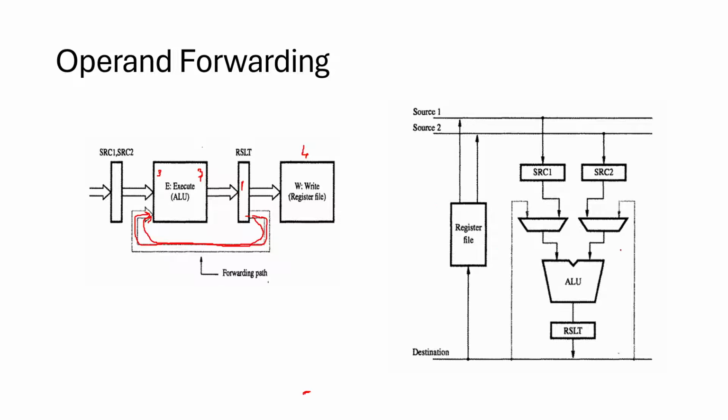Here also it is like a 3-bus architecture. The results go to this multiplexer, so whether it is a source value or the previously executed value, either one is taken to the ALU. This is the 3-bus architecture style. So the solution for data hazard is operand forwarding. We have made some changes in the hardware part.